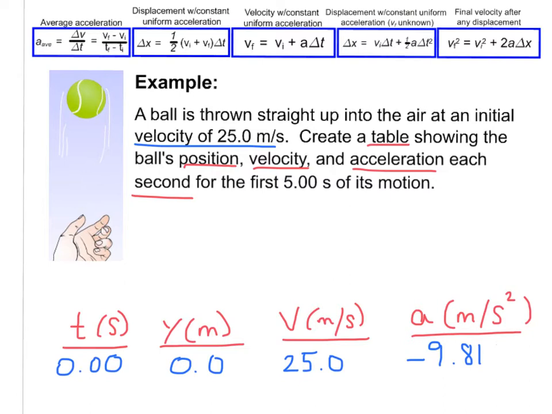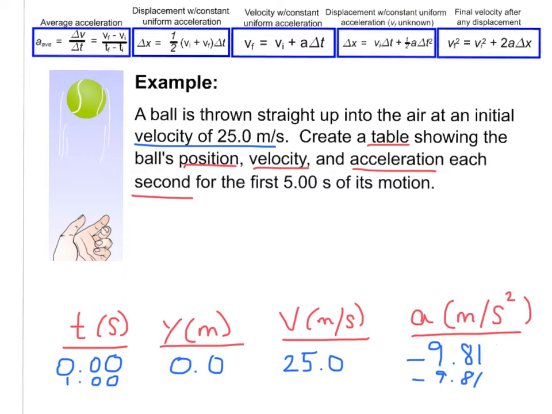Now I'm asked to create this table and show for each second what all of these values are. So this is going to be a little squeezing it in. I need to do this for 1.00 seconds. Well, I know my acceleration due to gravity is the same, 9.81, so I'll just write that in.